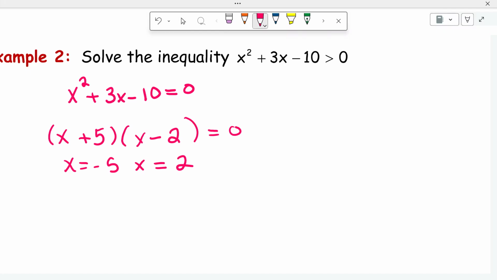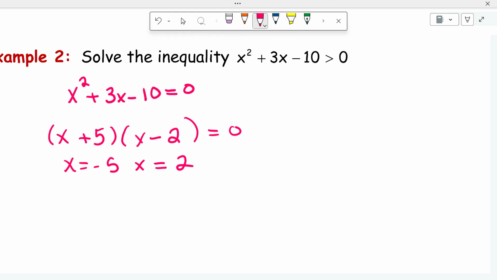Right? So what's the difference between me asking you to solve the equation where it equals 0 versus solving the inequality when it's greater than 0? Yes, but in general. If you talk about this -5 and this 2, what do those two values mean?